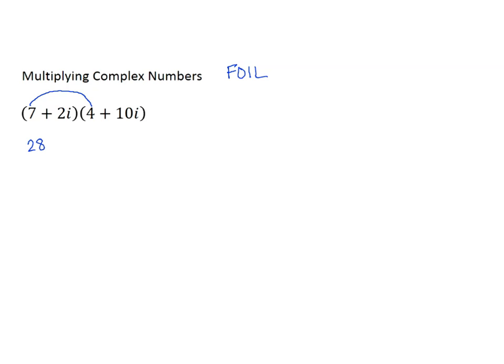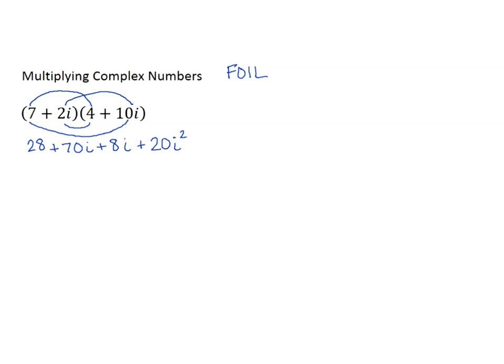Then we do the outer, and we get plus 70i. Then we do the inner, and we get plus 8i. And then we do the last, and we get plus 20i squared.